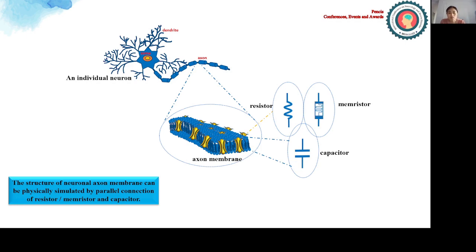The ion channel can be denoted by a resistor or a memristor. Therefore, the structure of the neural axon membrane can be physically simulated by a parallel connection of a resistor and a capacitor, or a memristor and a capacitor.